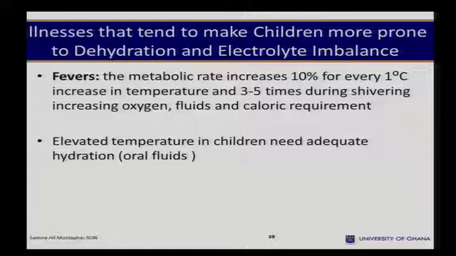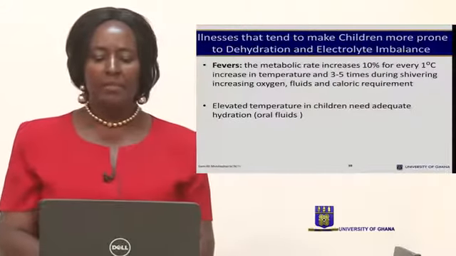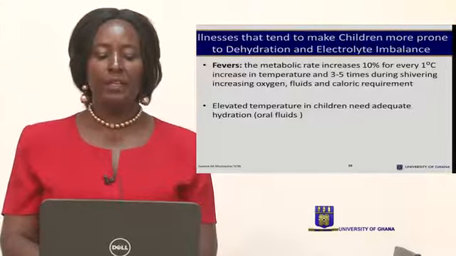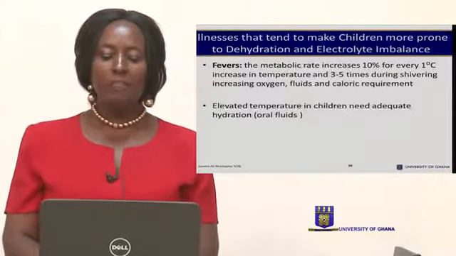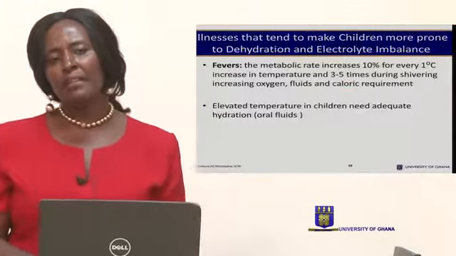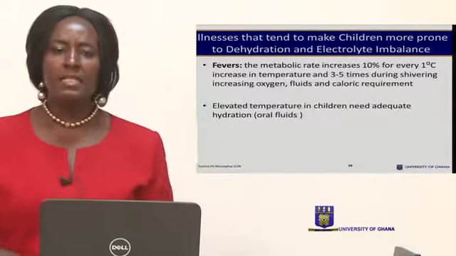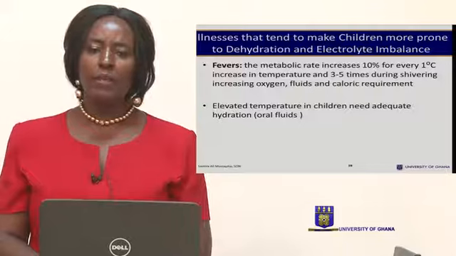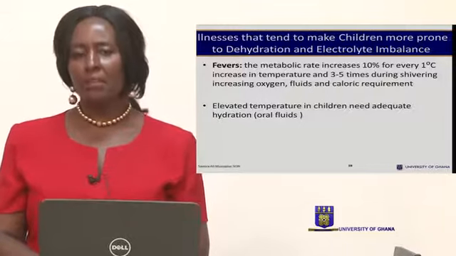Here, the metabolic rate increases 10% with every 1 degree Celsius increase in temperature, and 3 to 5 times during shivering, increasing oxygen, fluid and caloric requirements. So we have to understand that this is devastating to an ill child and worsens their condition.